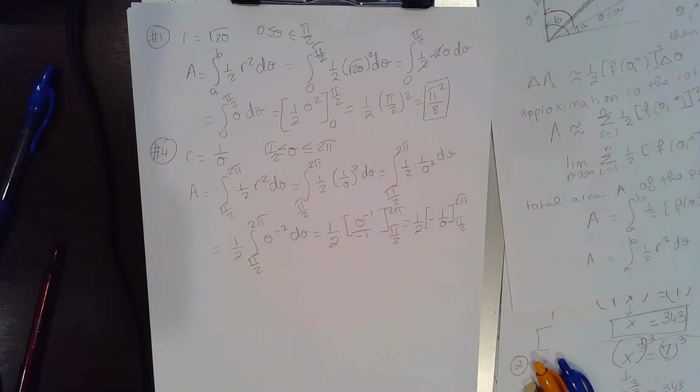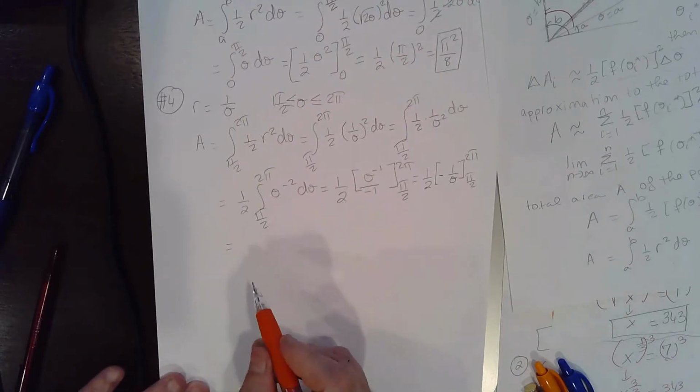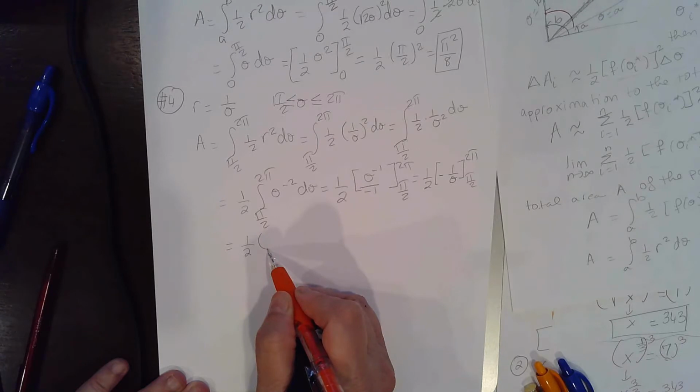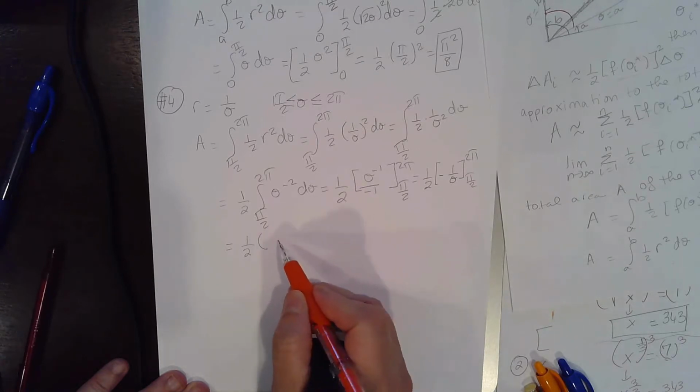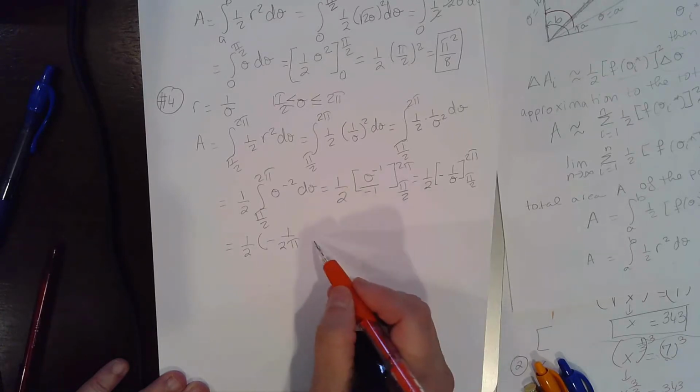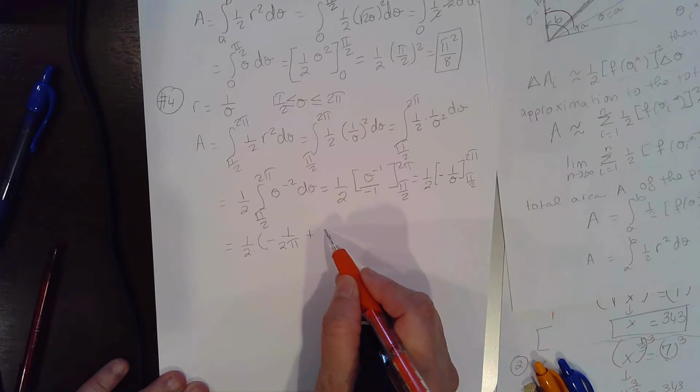So go ahead and simplify this. What does that give you? So 1/2 times -1 over 2 pi minus, so we're going to have a plus, 1 over pi over 2.